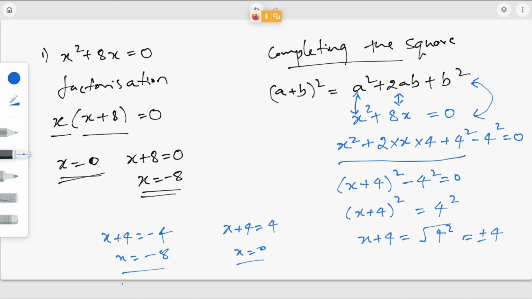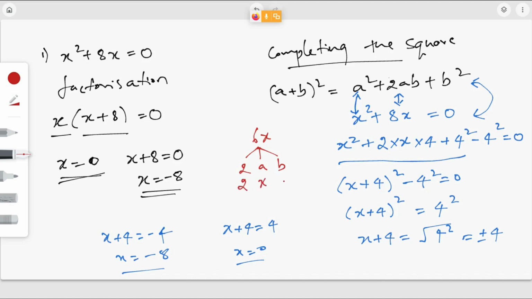What if we had 6x here? How to split 6x? We need to split it in the 2ab form. 2 as it is. What is a? a is x.